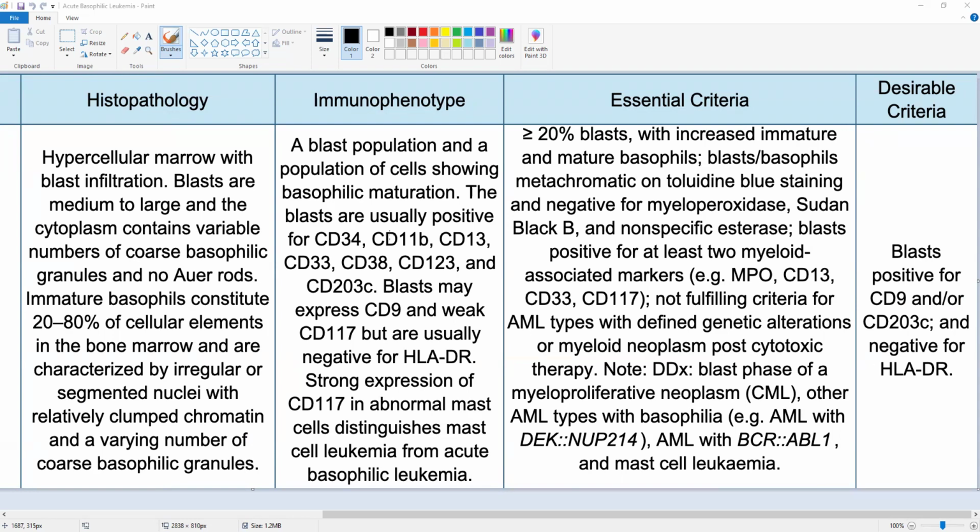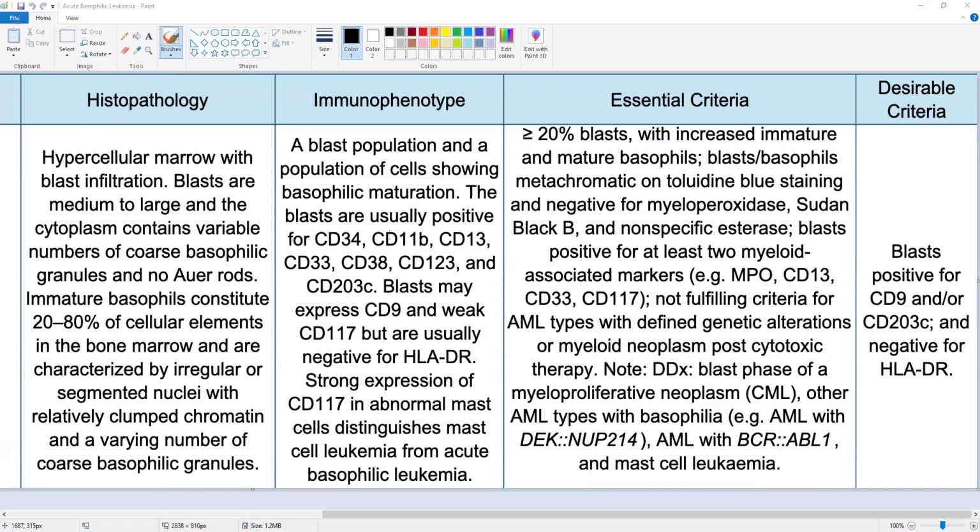Another population of cells that is CD123 bright is plasmacytoid dendritic cells. And the way by which you can differentiate basophils from plasmacytoid dendritic cells in general in flow cytometry is by looking at HLA-DR. Basophils are HLA-DR negative, and plasmacytoid dendritic cells are HLA-DR positive.